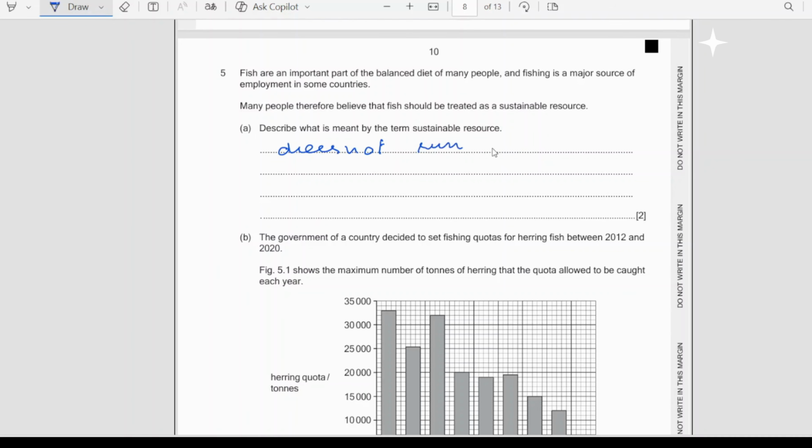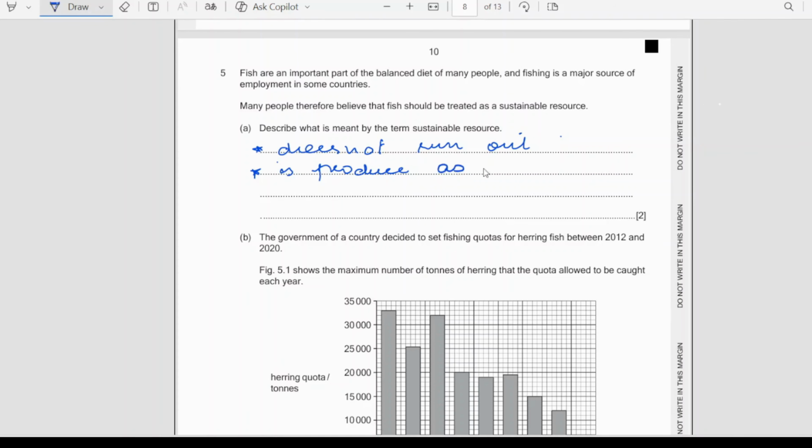Answer it in a scientific or biological way. Okay, it is produced at the same rate it is eliminated from the system.